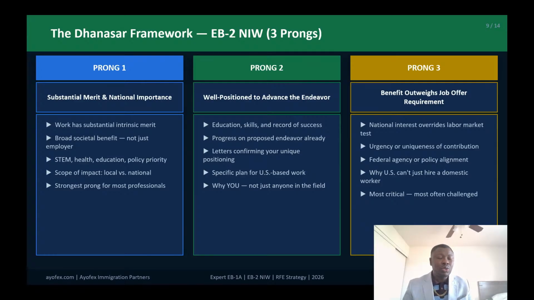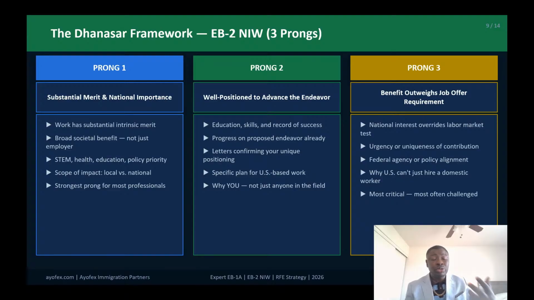After your eligibility is ascertained, the next thing you need to do is come up with a proposed endeavor. What is a proposed endeavor? A proposed endeavor is a specific activity that you want to do in the US. Is it research that you want to do? Is it a business that you want to create in the US?